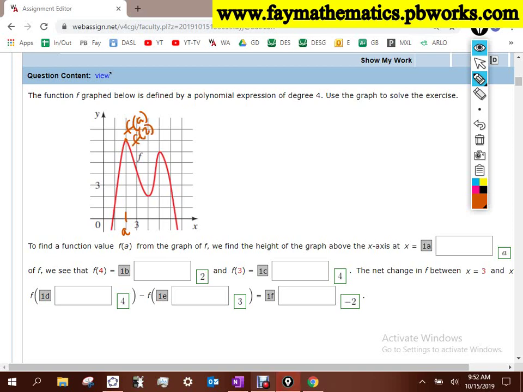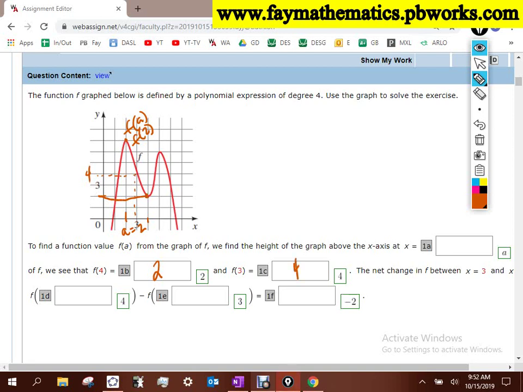Does that make sense? All right, so then we see that f of 4 has a height of 2. f of 3, right here, has a height of 4.